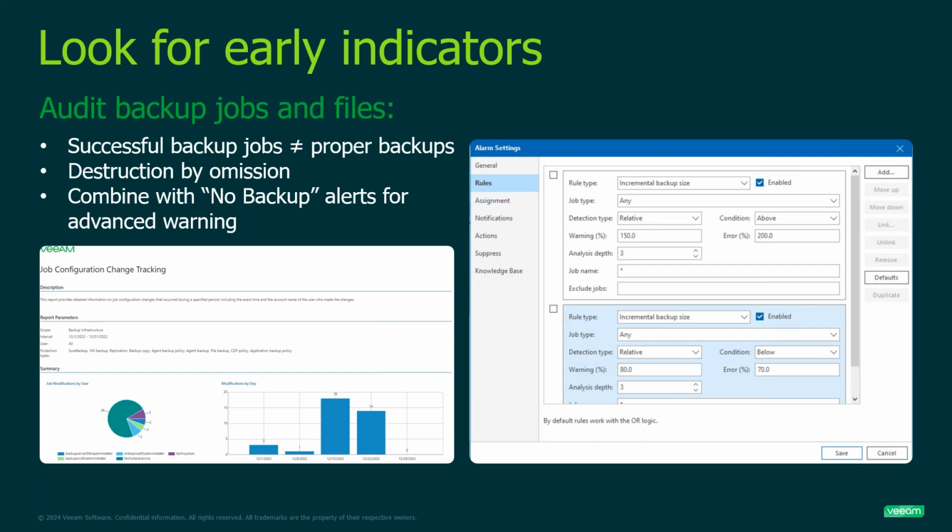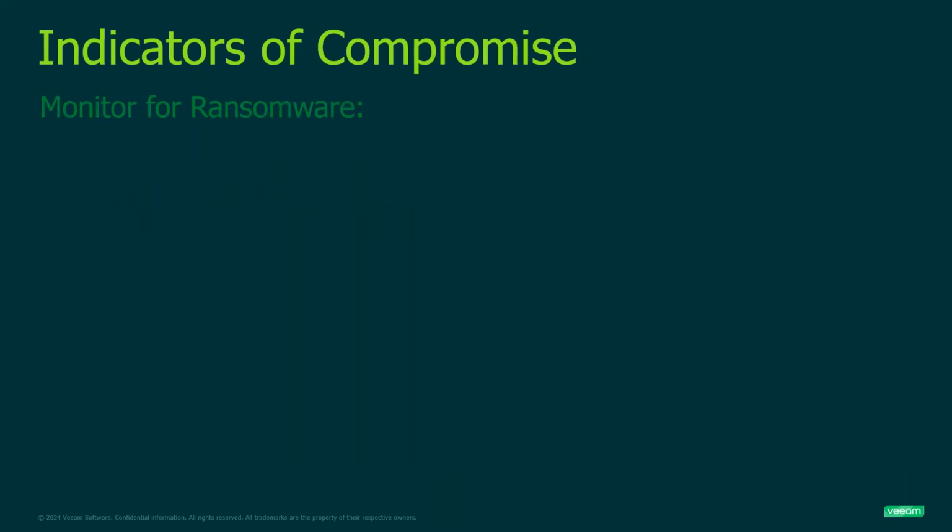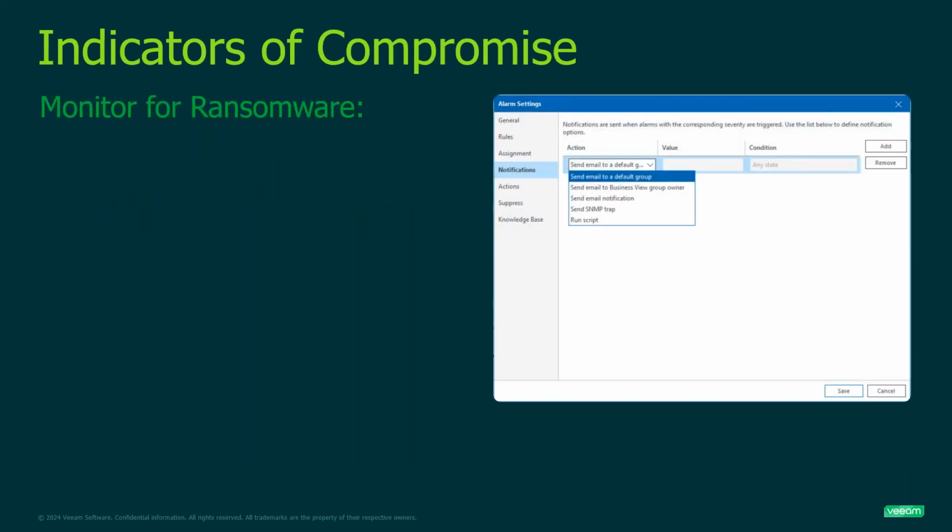And I also set up another rule to say that if the backup repository hits a certain percentage threshold, I need to know about it, right? This is very, very important because we want to make sure that all alerts are being sent to the backup administrator. So that's step number 7.